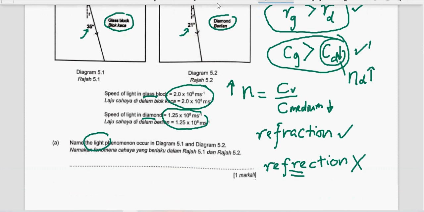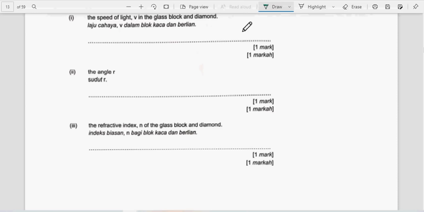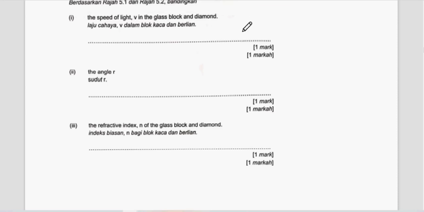So you can write: the refractive index for diamond is bigger compared to the refractive index of the glass block. Don't use the symbol n here, write it out in full, just to be safe. Refractive index for diamond is bigger.